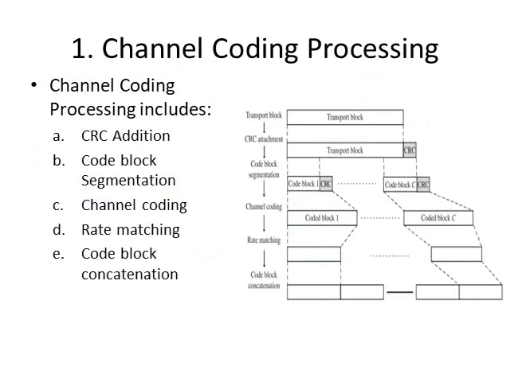As I have already mentioned, we'll be having a look at channel coding processing. Now, in the exam, a question can be asked as an overview, that is, an explanation about the downlink transport channel processing, or they can ask you about individual stages, like explain channel coding processing or explain modulation processing.